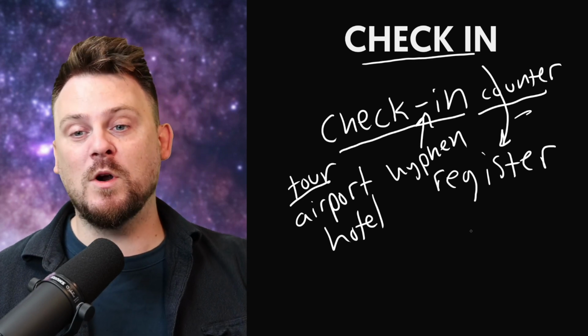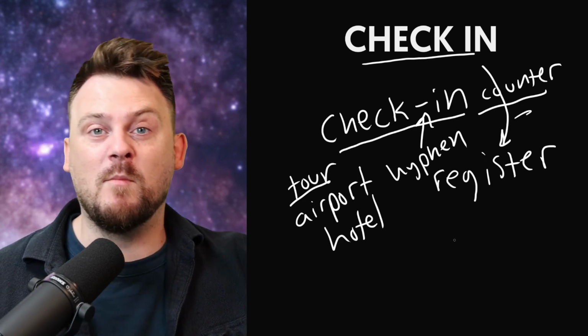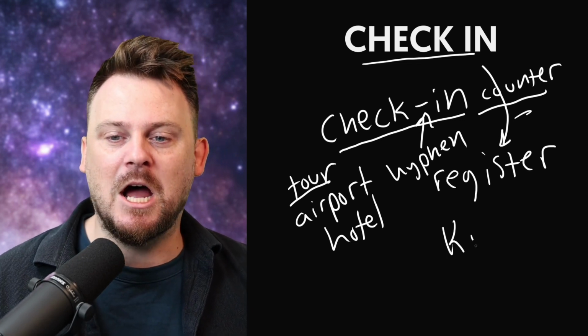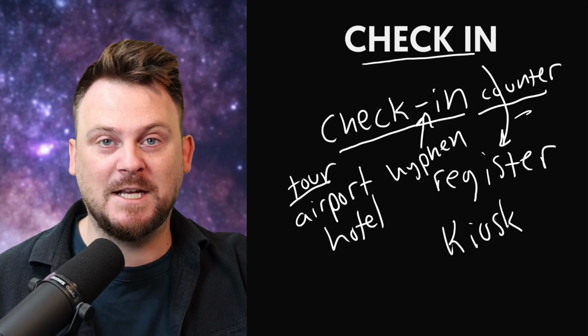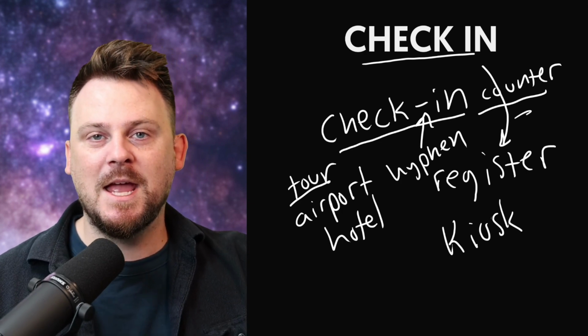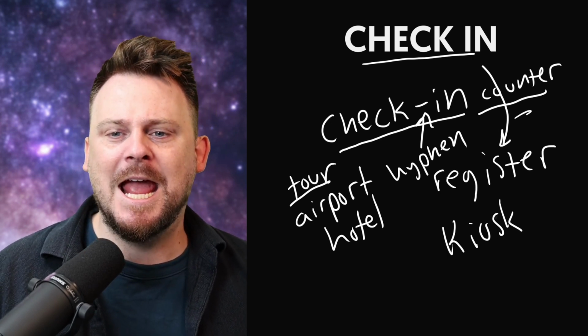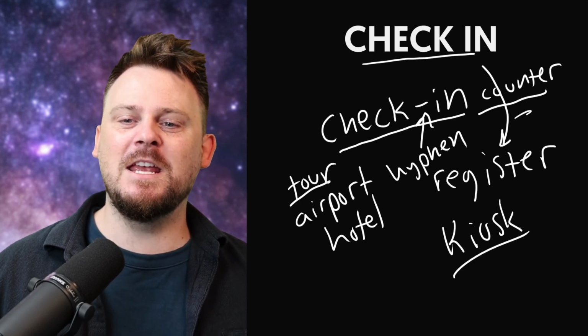Or if you're at the airport, now we don't need to always go up to the person to get our boarding passes when we fly somewhere. We might go to the kiosk, which is the automated little thing where we scan the passport and get the boarding passes and the bag tags, right? So that's the kiosk.